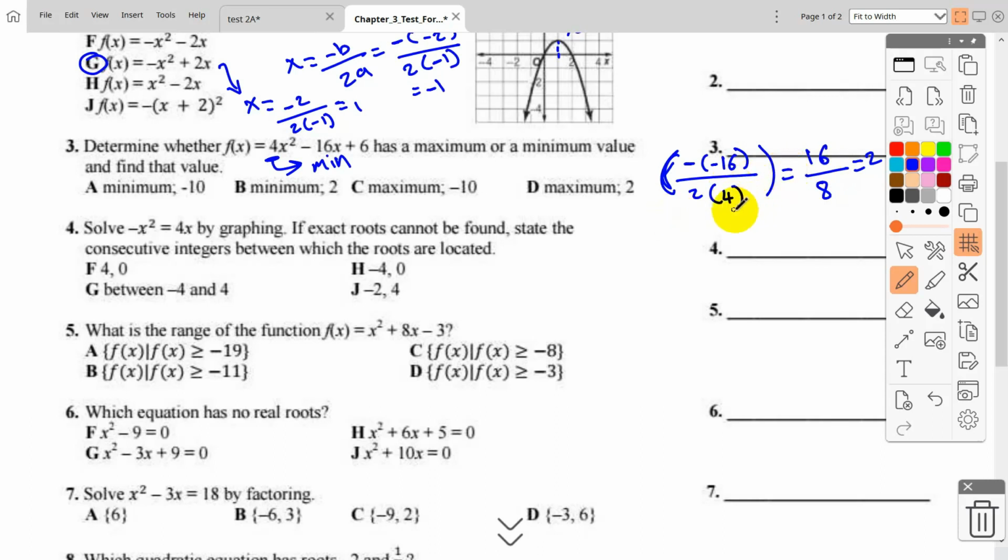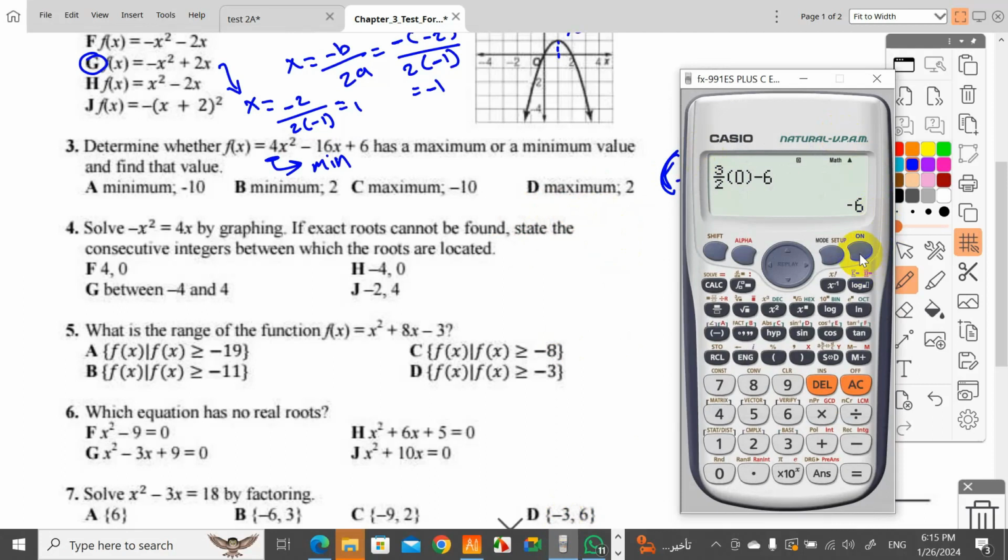I need the y coordinate. So now substitute every x value with 2 in order to find f of x, or the minimum value, which is the answer that we are looking for. So I'll do it like this using the calculator: 4x squared minus 16x plus 6, then press on this button, solve for x equals what?